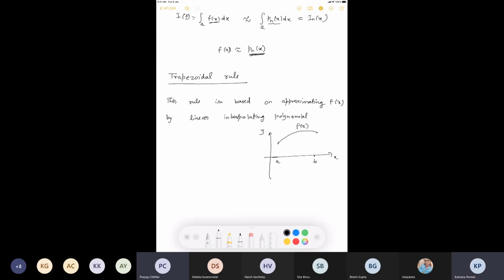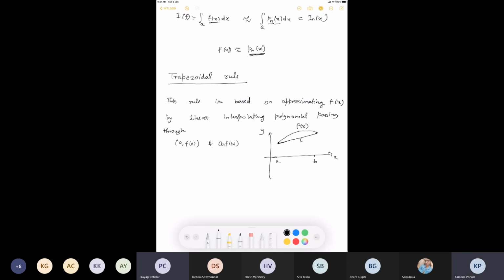This linear interpolating polynomial will pass through the points (a, f(a)) and (b, f(b)).